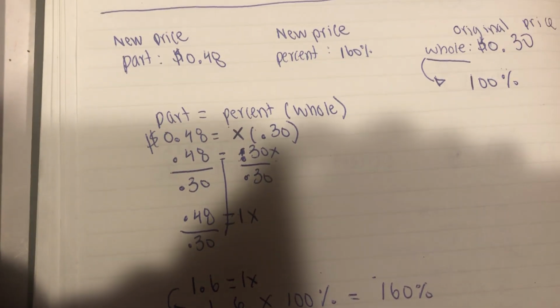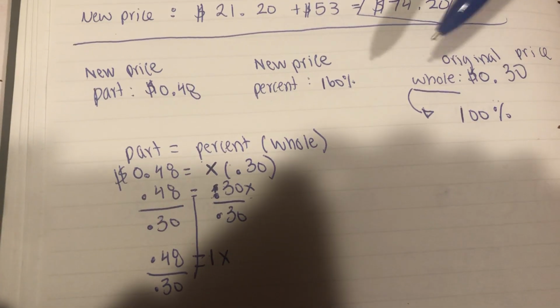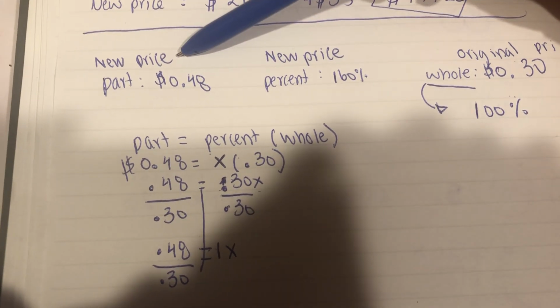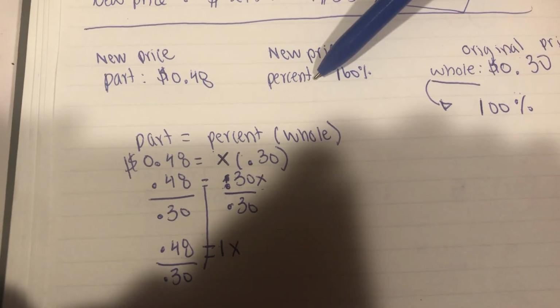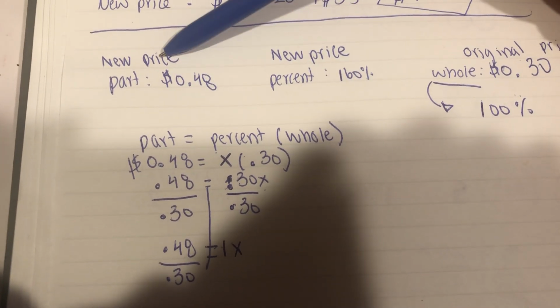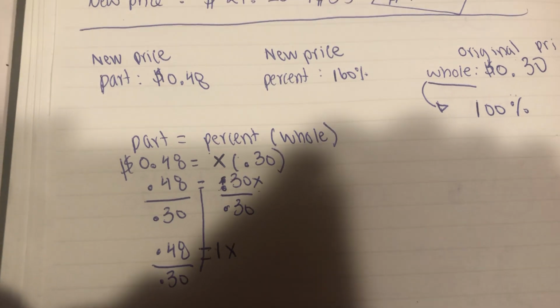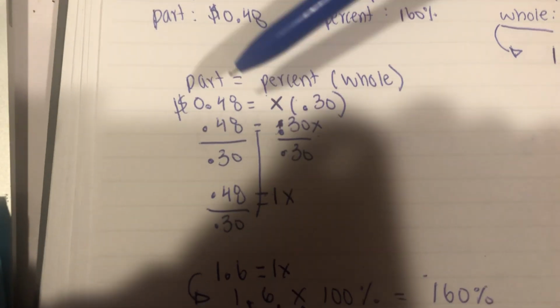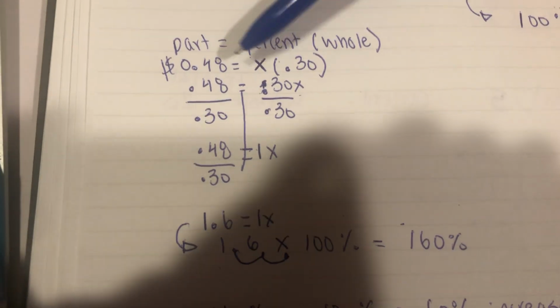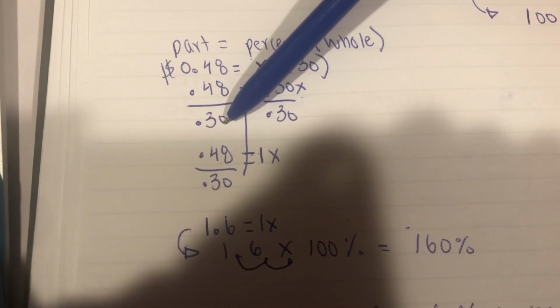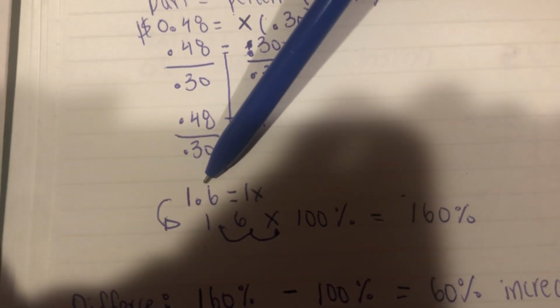So let's just quickly review, right? What I did was, I have the whole and I have the new price, okay? And my percent, because my part represents the new price, my percent is going to be the new price, okay? That's what it's going to represent. So I substituted into my equation, I divided my part by the whole, and what I got was 1.6.